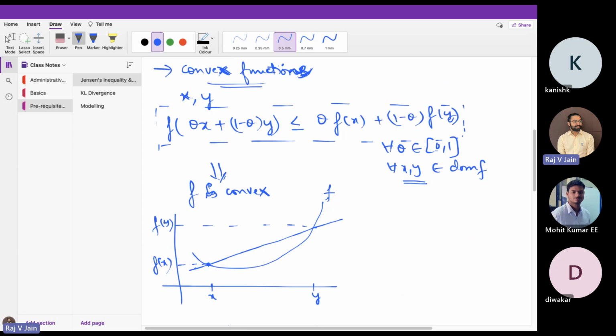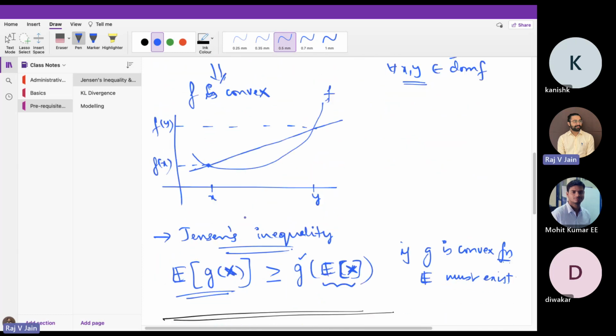What we are saying is that the function value will be less than the same interpolation that follows on the y-axis. So this line will always be above the actual function f. If it obeys this property at all points x and y, then we say that f is a convex function.